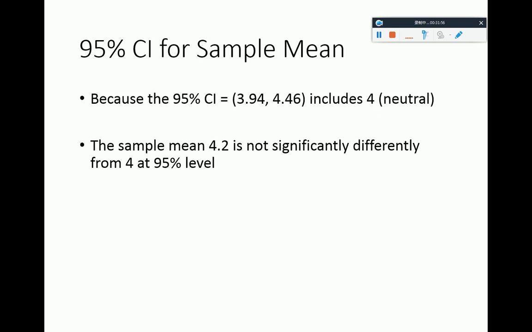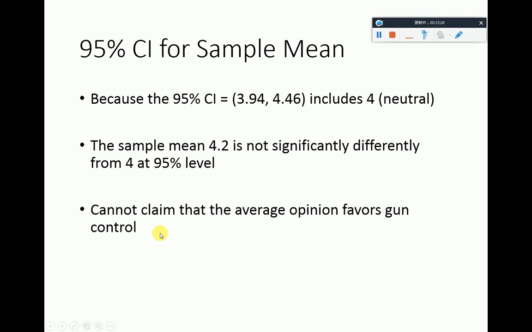But statistically, the difference of 0.2 can just as well be caused by random sampling. If you draw a different sample, you could very well have a sample mean of 4 or 3.9 or 4.2. You don't know, right? So that's why we say 4.2 statistically is not different from 4. So we cannot draw the conclusion that average attitude toward gun control is in favor of the issue.